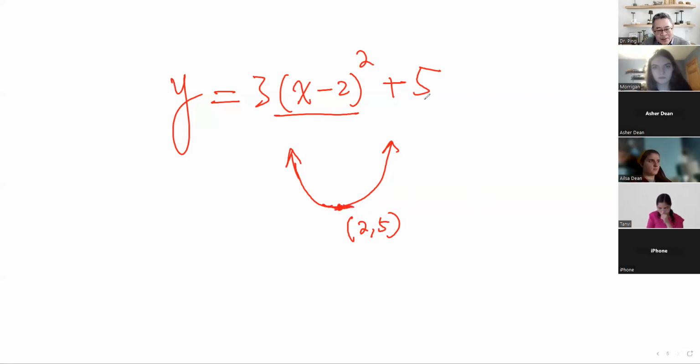And 5 is a minimum, because if this part equals 0, we get 5. If x is not equal to 2, then this part is always positive, and plus 5 is always bigger than 5. So this is our vertex point. Are we good here?